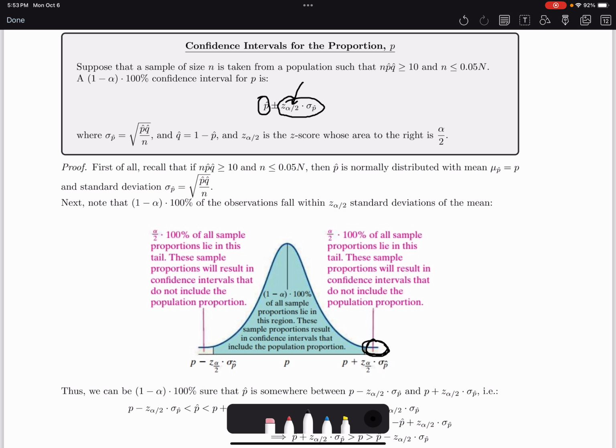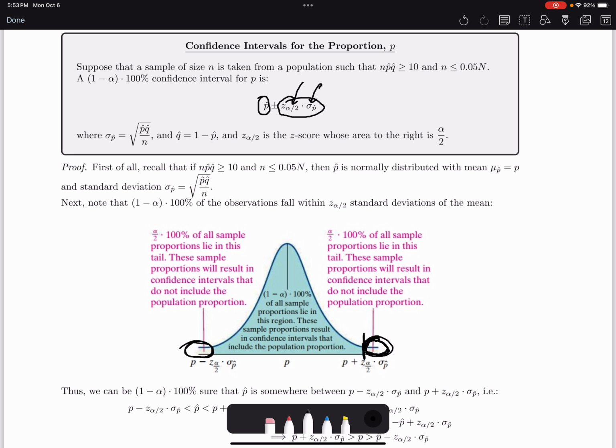It's the number of standard deviations that lands us in this spot. So then we multiply that by the value of a standard deviation so that we actually figure out where that value lies in the distribution, okay? And then we take that and add it to our sample proportion to get to this side of things. We can also subtract it from the sample proportion to get to this side of things.